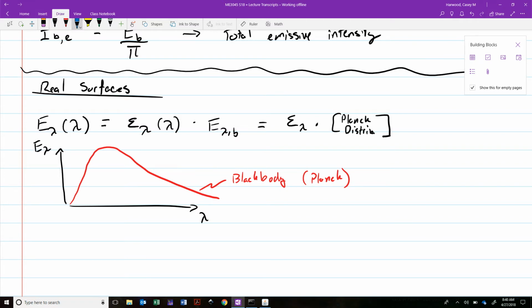And then our real surface, whatever that surface is, something that's made of metal or wood or glass or what have you, some physical surface, might have a spectral emissive power that looks more like this. So the idea is that at every wavelength, this spectral emissivity is the ratio of the real surface to the ideal black body. We have an equation that describes the black body, and if we know the spectral emissivity, that epsilon sub lambda, then we can recreate this.